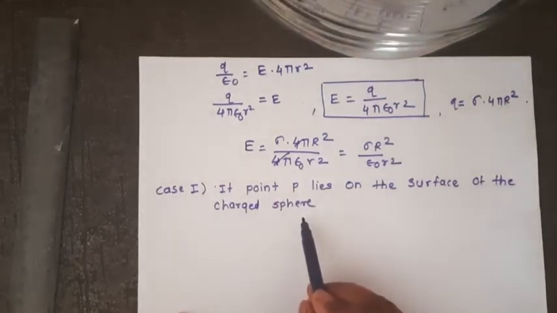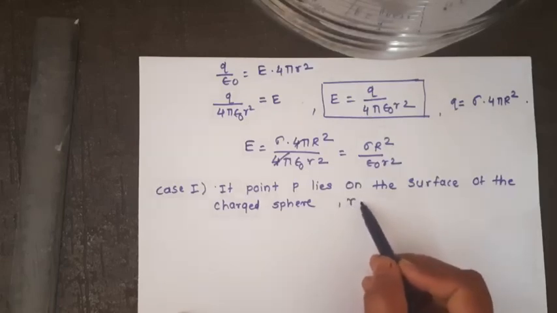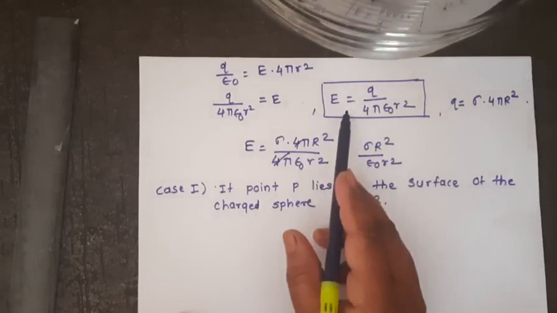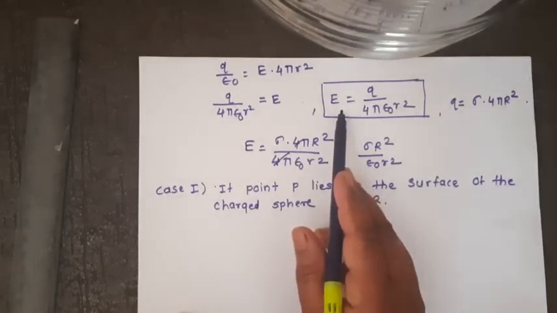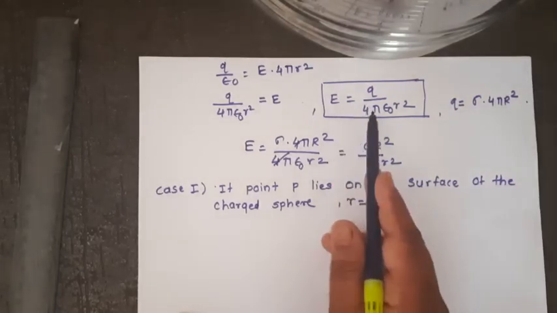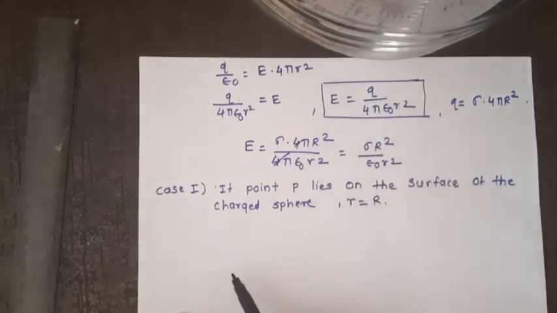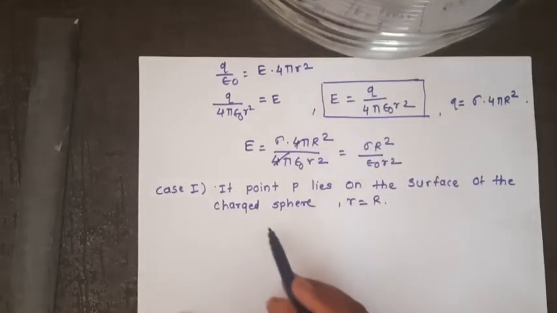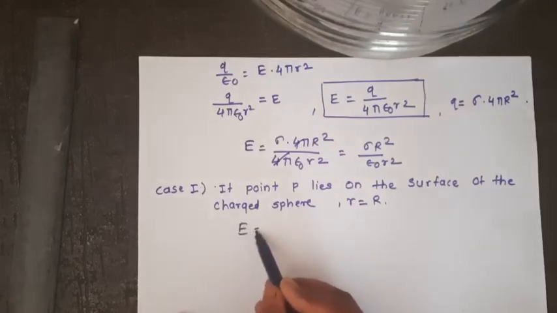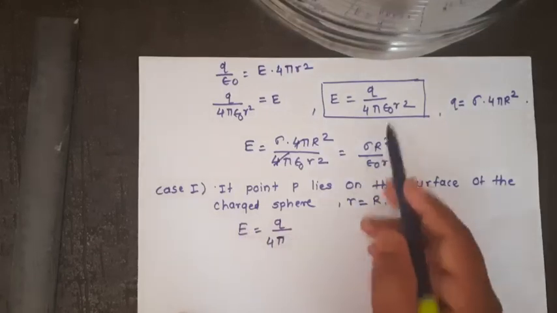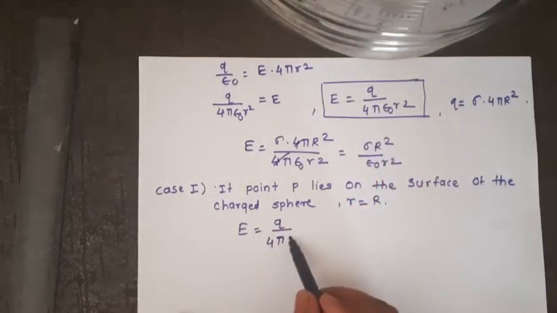If P lies on the surface of the charged sphere, then small r is equal to capital R. Substituting capital R in place of small r in the equation for the electric field outside the sphere, E is equal to Q upon 4 pi epsilon naught R square.